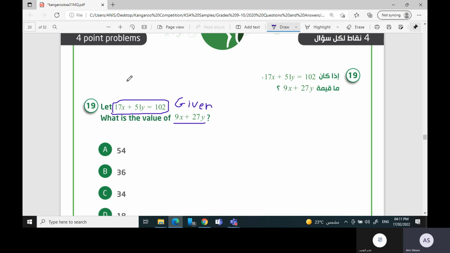But I can divide by 17, so I'm going to deal with x, and then multiply by 9, so it will become 9x. This is my plan to start.